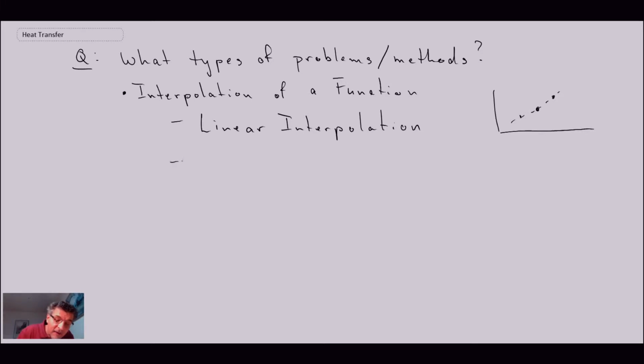And then as we get more complex, you can have cubic spline interpolation. And that involves matching conditions that go higher than just the slope. It might be second order derivatives at the boundary points when we're doing our interpolation. So that's one type of problem that you can solve with numerical methods. Another one is linear algebra, a system of equations.